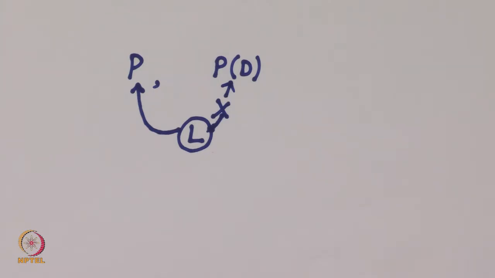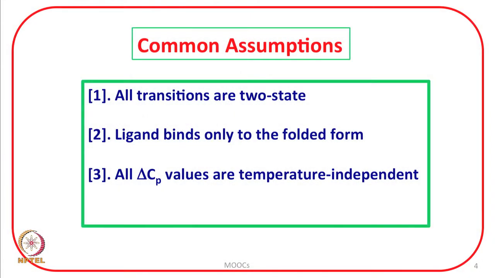The third assumption is that all delta Cp values are temperature independent. And the fourth assumption is all activity coefficients are unity. We are making a lot of assumptions here.